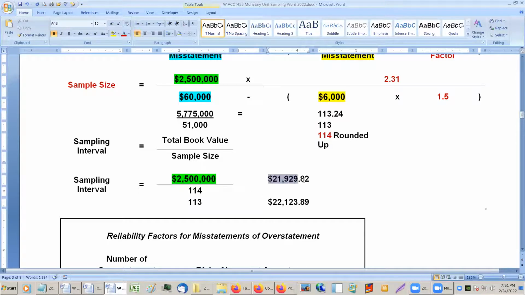So if you use 114, it would be that. If you use 113, it would be that. They're pretty close. I mean, not that big of a difference, but a little bit.